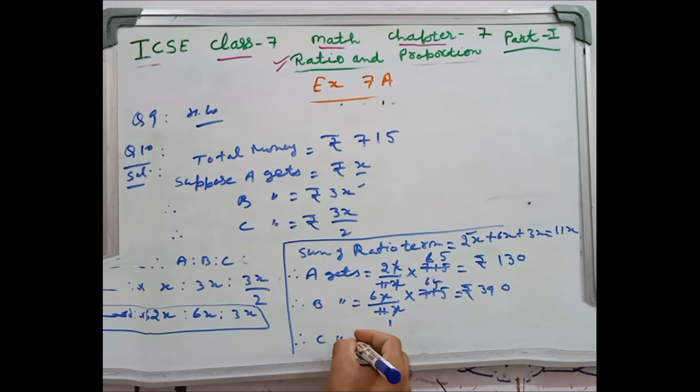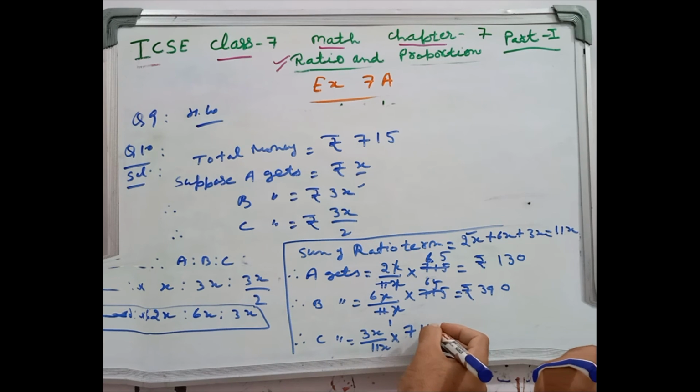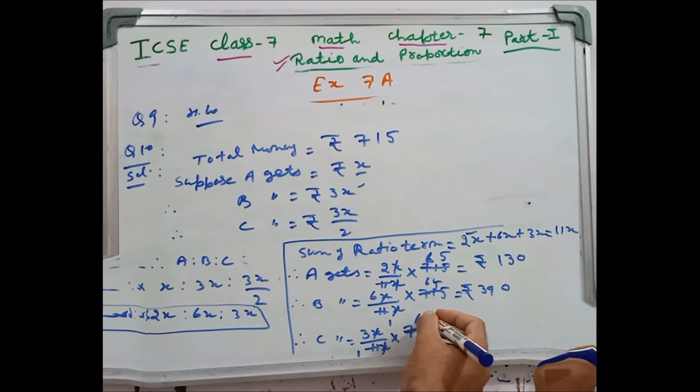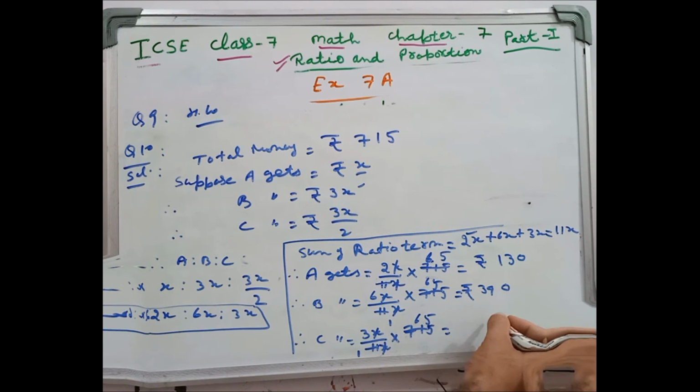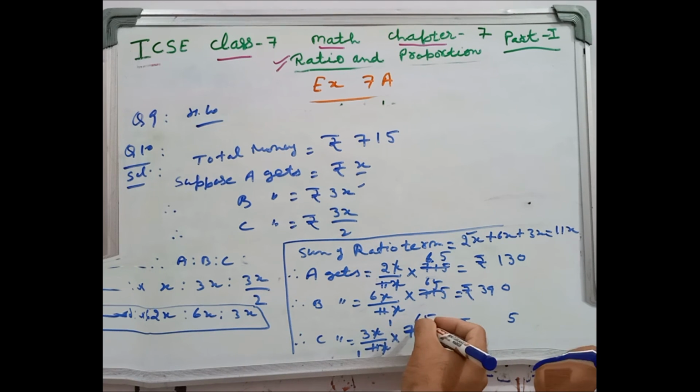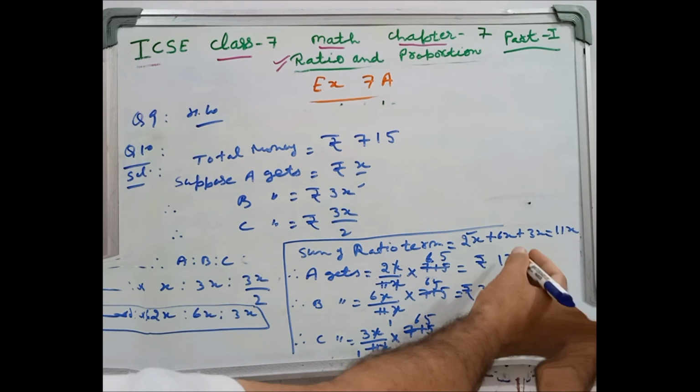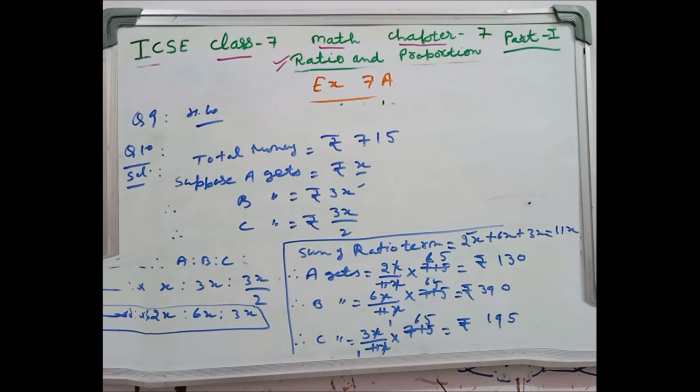Therefore C will get 3x upon 11x multiplied by 715. x got cancelled with x. 11 ones are 11, yeah, 65. 65, 3 fives are 15, 3 sixes are 18 plus 1, 195. So their total would become what? 715. Right?